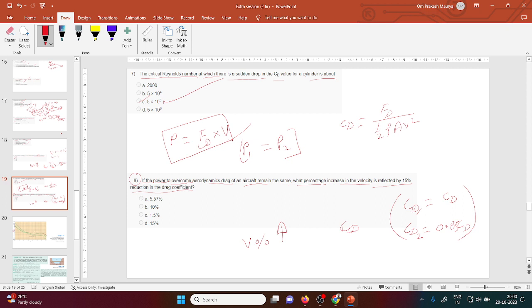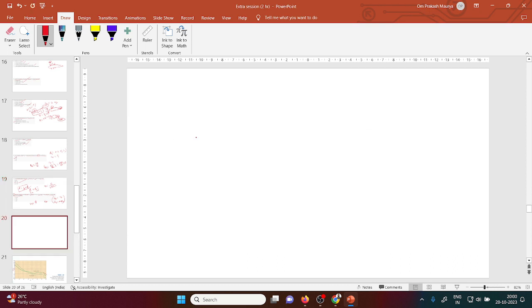So let us put everything. Is it visible or not? Not visible. Let me take another. Your question is telling P1 is equal to P2, and this is FD1 into V1 equal to FD2 into V2.